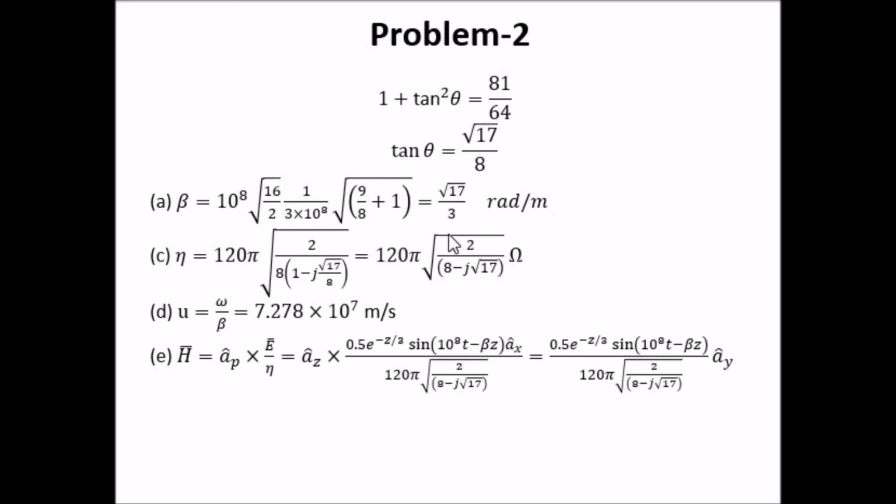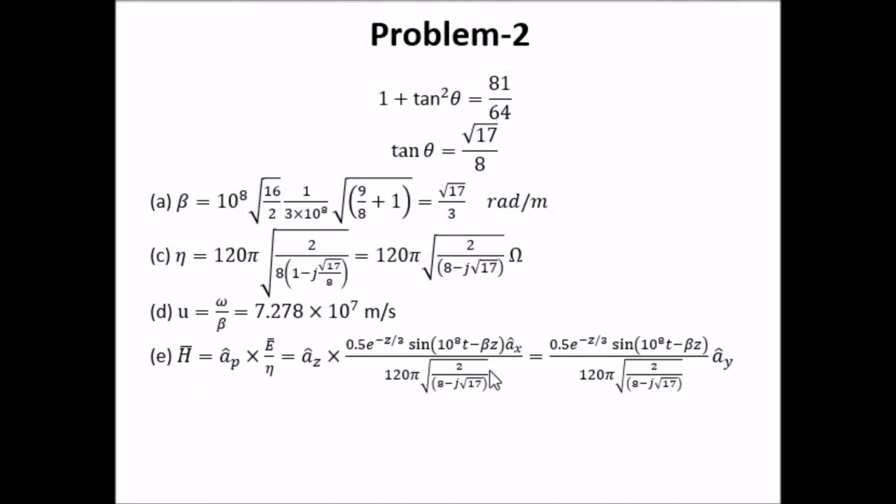If you solve it in polar form, you get a magnitude and phase angle because it is a complex number, but you can leave your answer at this point too. Then the propagation speed is omega over beta. We solve for beta and you know the frequency, so you can find the speed of propagation.